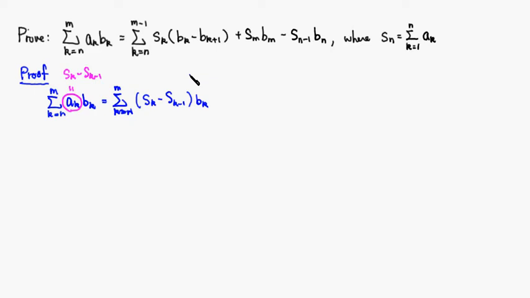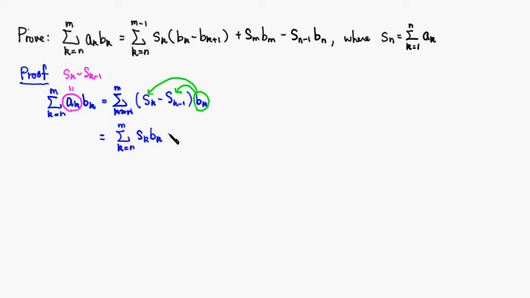Then I'm going to split this into two summations. So you have a summation, k goes from n to m, s_k, and basically distribute b_k to this guy and also that guy. So we get b_k.